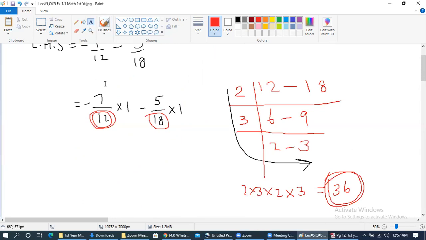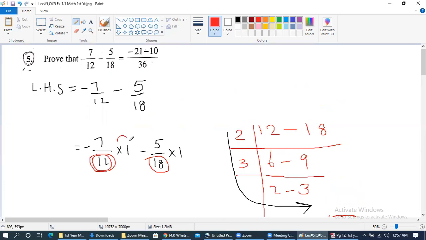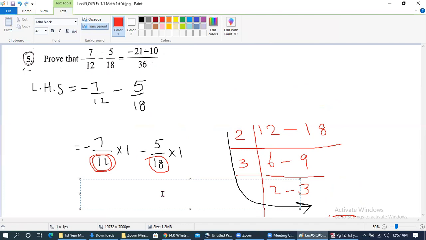So at first, in the first step, we had used the multiplicative identity. Whenever 1 is going to be multiplied, this is the multiplicative identity. So write the name of this property inside the brackets. So this is multiplicative identity.